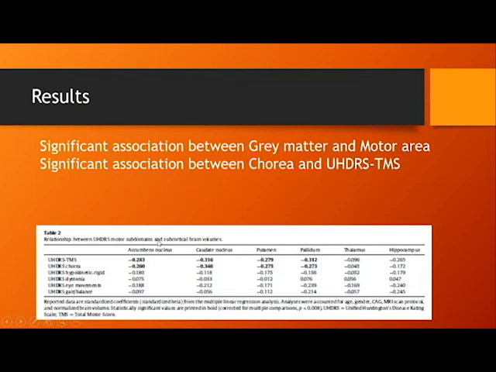The UHDRS TMS, which is this top row, was developed as a clinical rating scale to assess 4 domains of clinical performance and capability in patients with HD, which include motor function, cognitive function, behavioral abnormalities, and functional capacity.